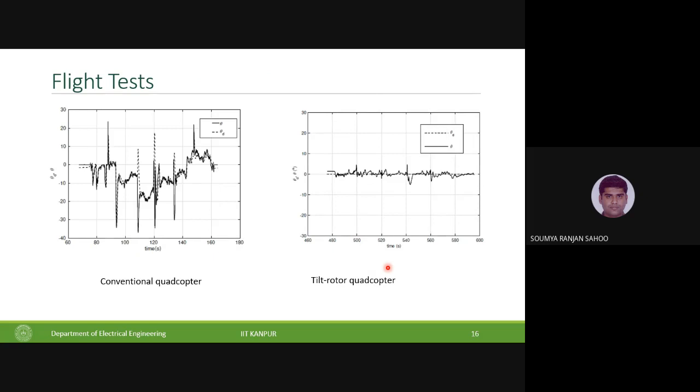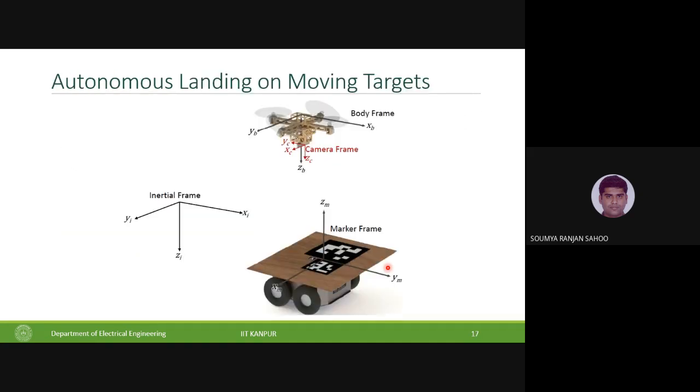Okay, if there are no other questions on this part, then we'll move on to the next part, which is autonomous landing on moving targets. The idea was, and why we wanted to work on this, is that you need to launch a vehicle from a moving platform at some strategic locations, and then you want to recover these vehicles on some moving platform.